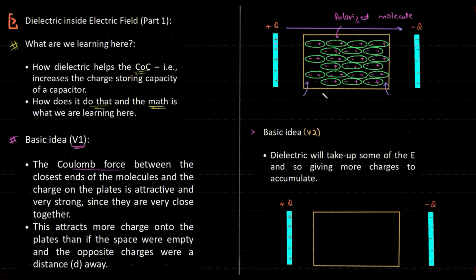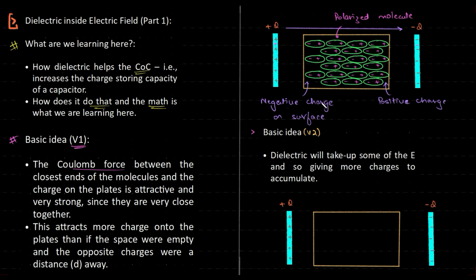So overall the net effect is that this end will have negative charges at the surface, while the right end will have positive charge.